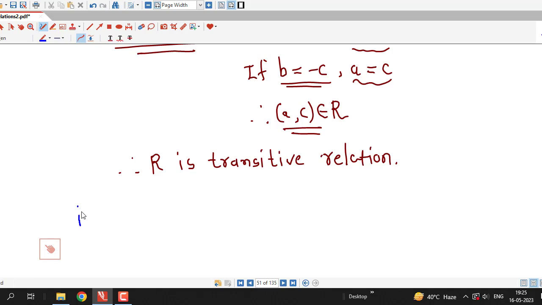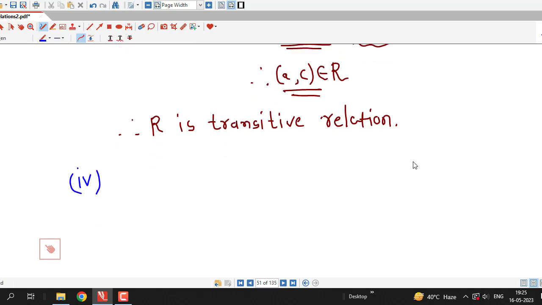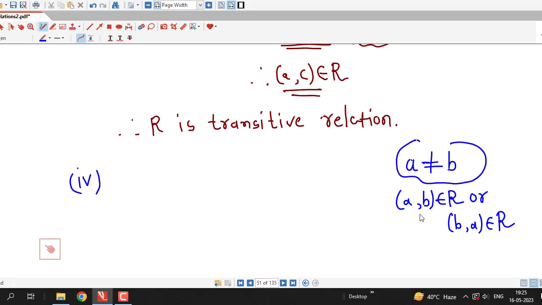And the last property we have to check is antisymmetry. So we recall the definition of antisymmetry. Suppose we have two distinct elements, then we can have either AB belongs to R or BA belongs to R. That is, if we have two distinct elements, then either A is related to B or B related to A. We cannot have both of these true if A and B are different elements.